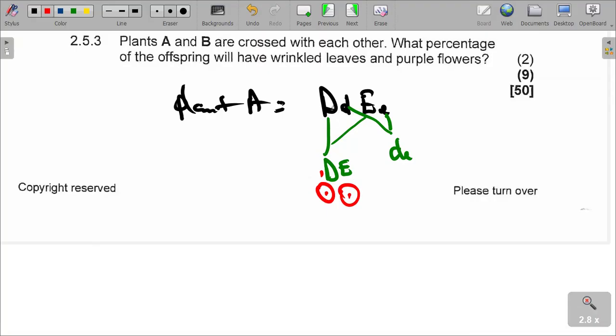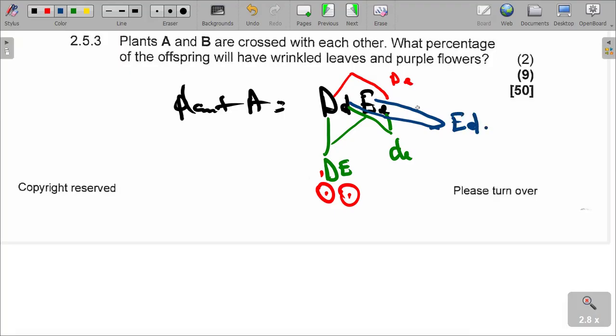So we can also have this D and this E, we have DE, and then we can also have this D and small e. We can as well have small d combining with capital letter E. Then we can have dE.